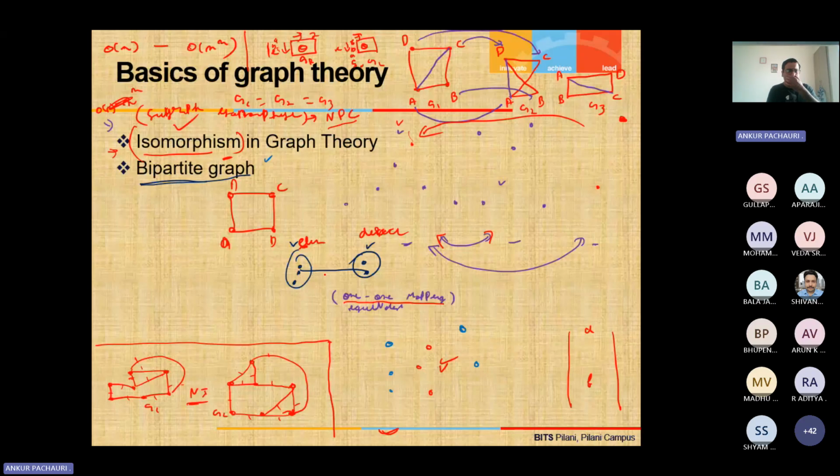So there cannot be an edge between nodes of the same set. If there is an edge, it will be from disease to salt, either for causing or for curing. Clear with this bipartite graph and its real-world application?